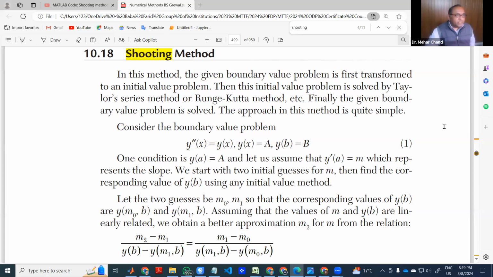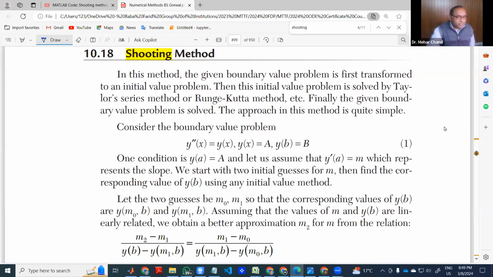So in this method, the given boundary value problem is first transformed to an initial value problem. Then the problem is solved by the Taylor series method or Runge-Kutta method, etc. Finally, the given boundary value problem can be solved.